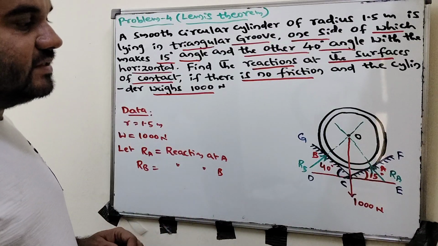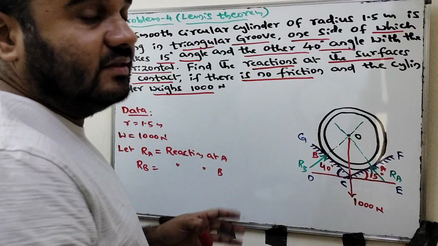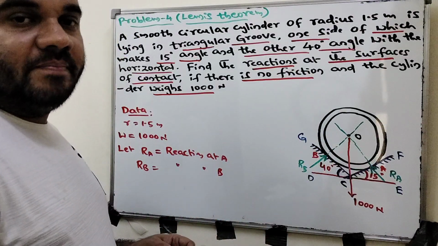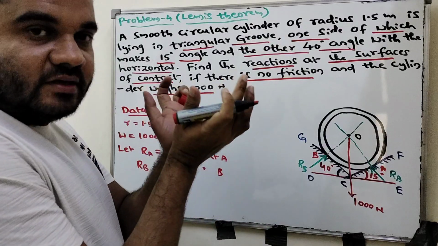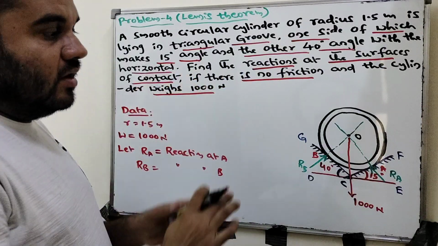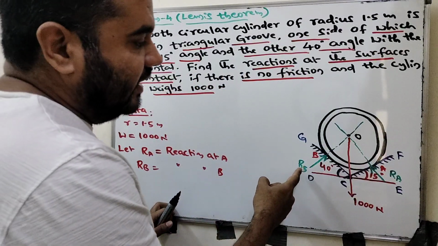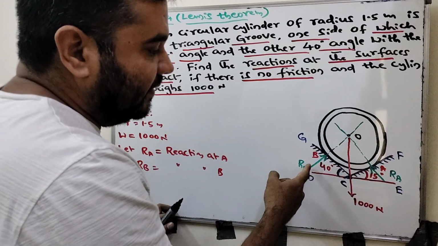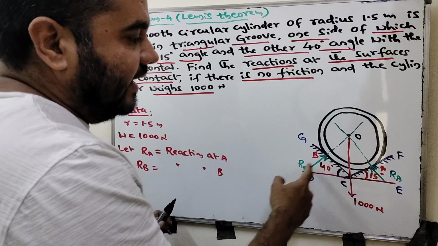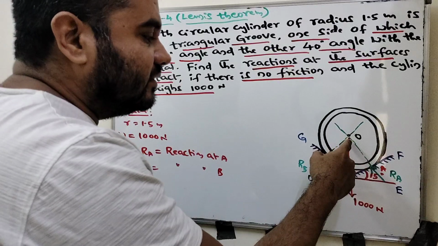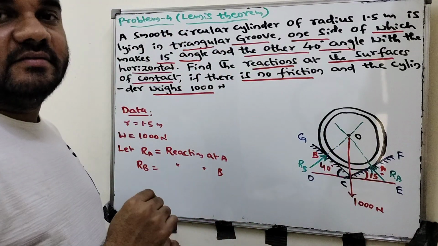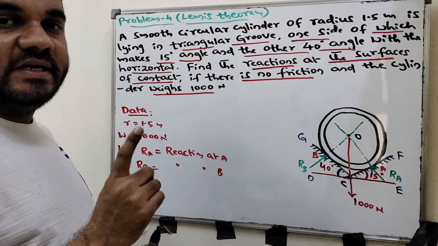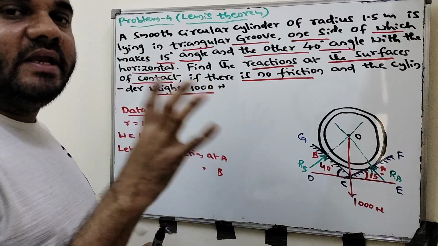One condition in order to put the cylinder in equilibrium with the groove: the line of reaction Ra, the line of reaction Rb, and the line of the weight of the cylinder must pass through the center of the cylinder. That is the first condition to keep the system in equilibrium.